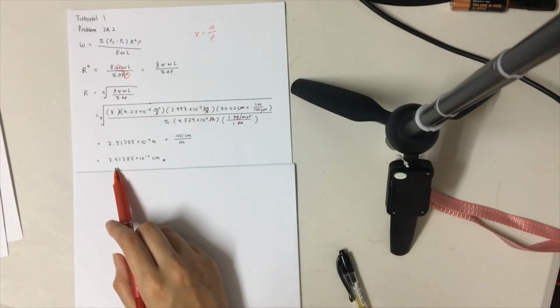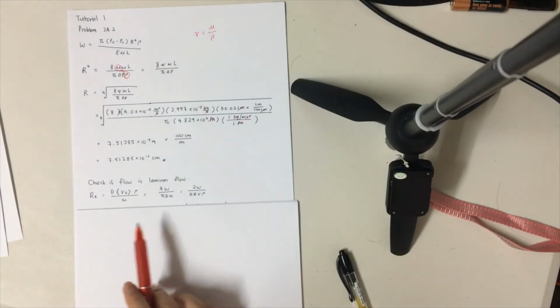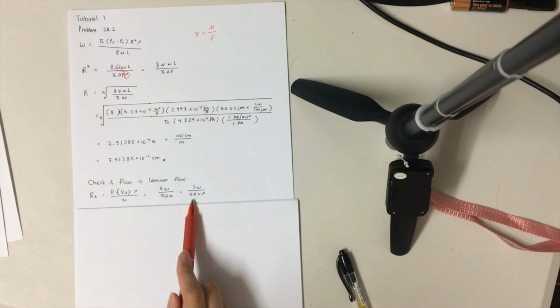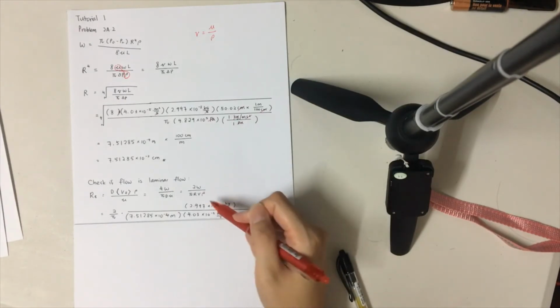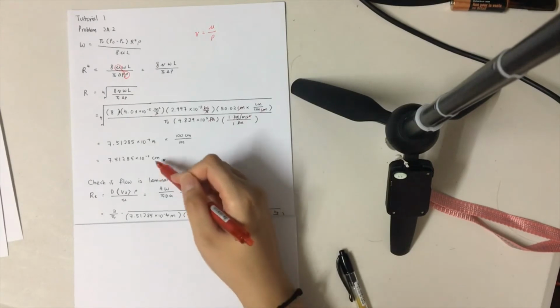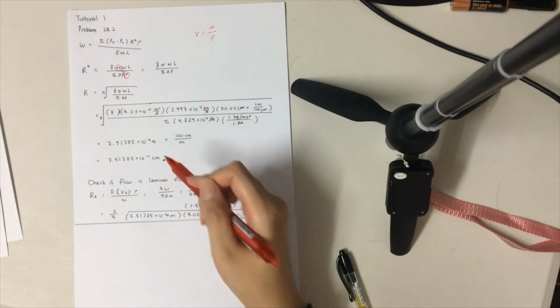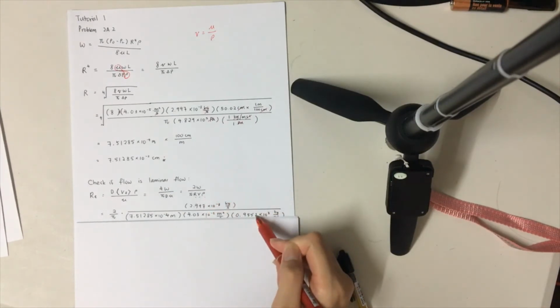Then we should check if the flow is really laminar using the Reynolds formula which was given in the question. So substitute the values in, so 2 over pi multiplied by mass flow rate, the R, the radius, which was found, the kinematic viscosity, and the density.